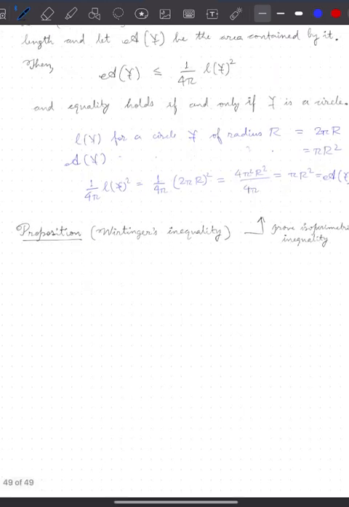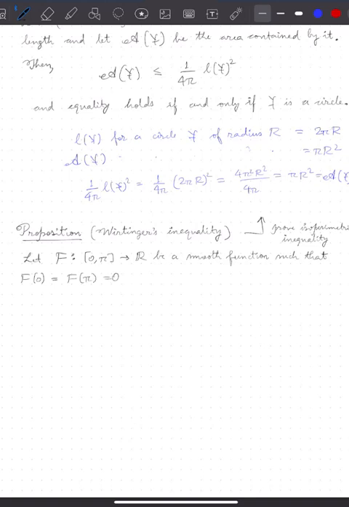This inequality says that let f be a mapping from 0 to pi to R, and it be a smooth function such that f of 0 is equal to f of pi is equal to 0.